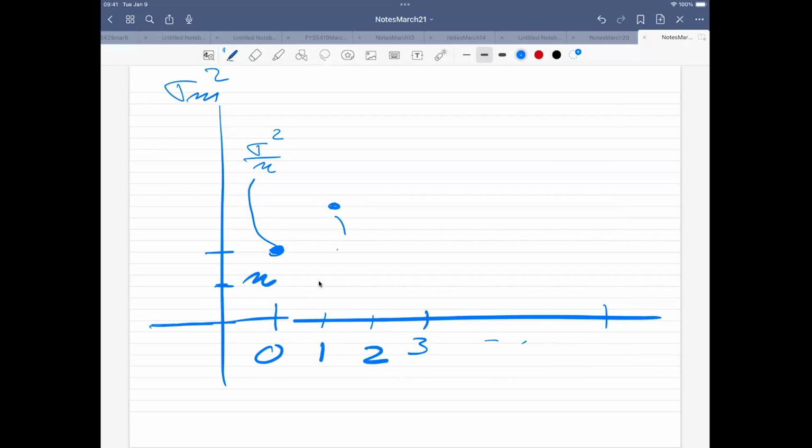And in this specific case, I have n prime equal to 1/2 times n. Then the next case, I have n double prime, which is equal to n2, which is then the same as 1/2 of n1. So this is n1 here, which is the same as n prime.